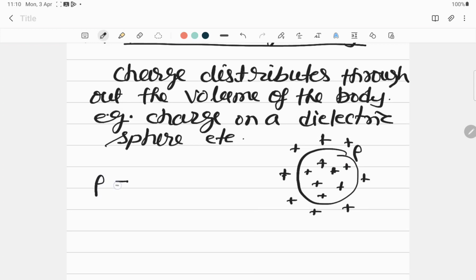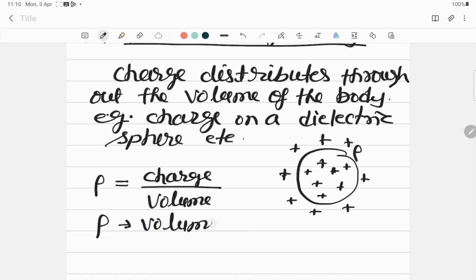So volume charge density rho is equal to charge upon volume, rho being the volume charge density.